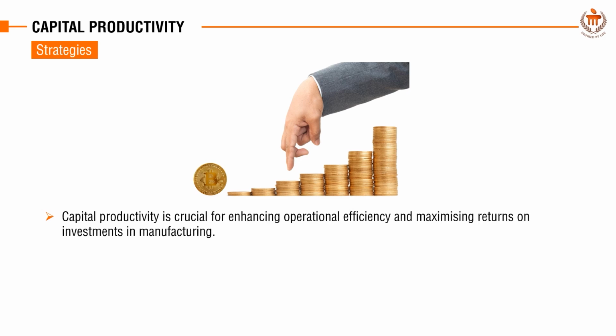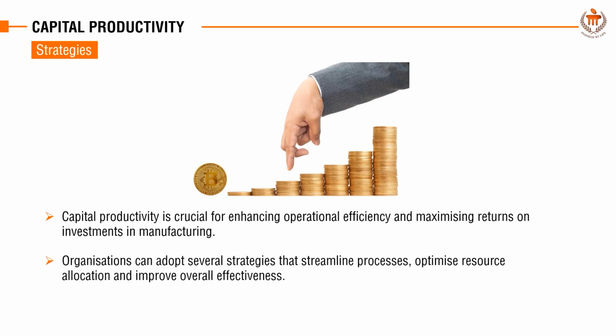Capital productivity is crucial for enhancing operational efficiency and maximizing returns on investments in manufacturing. To achieve this, organizations can adopt several strategies that streamline processes, optimize resource allocation, and improve overall effectiveness.